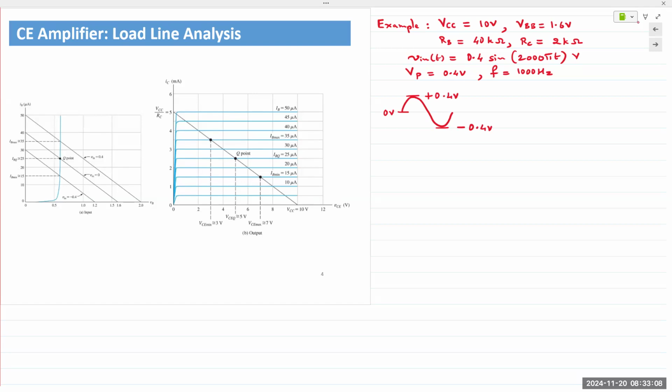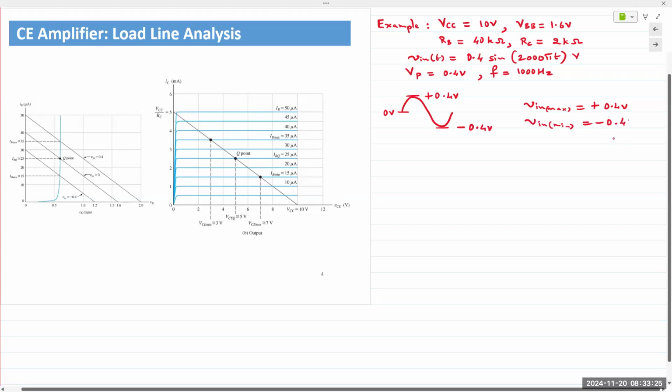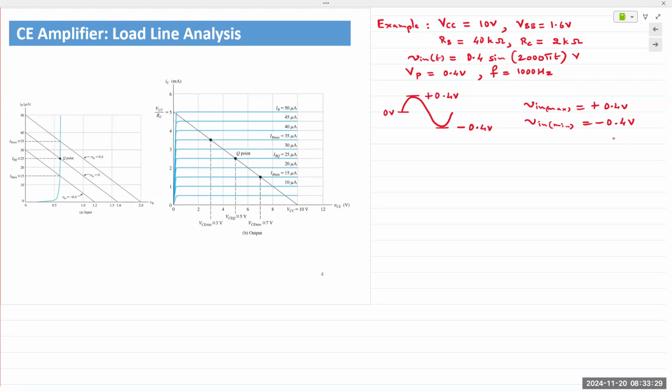Vin max is plus 0.4 volts and Vin minimum is minus 0.4. A small AC signal is being injected into the base.